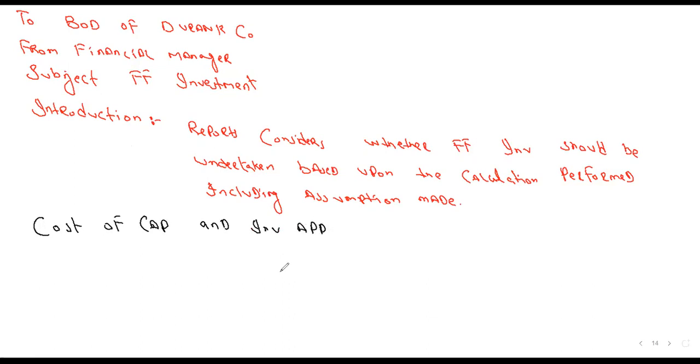This is the subheading. You will tell the examiner that the cost of capital has been calculated in appendix 2 as 9% and the NPV of the project is coming as negative 1.5 million before considering the follow-on product.